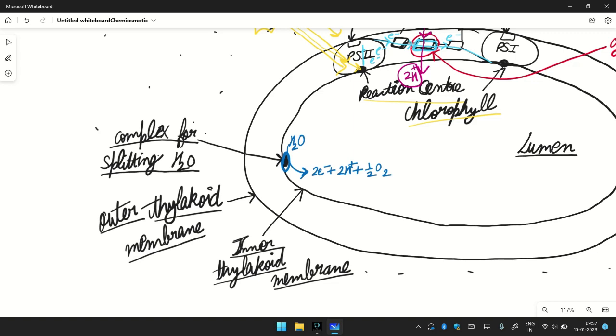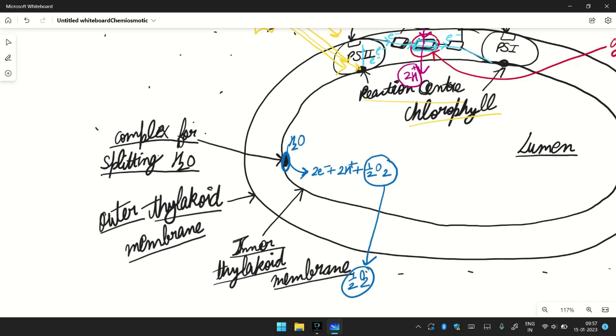Now the oxygen produced here is going to be transferred into the stroma. So this oxygen is going to be transferred into the stroma. Here this oxygen has been transferred into the stroma from the lumen.